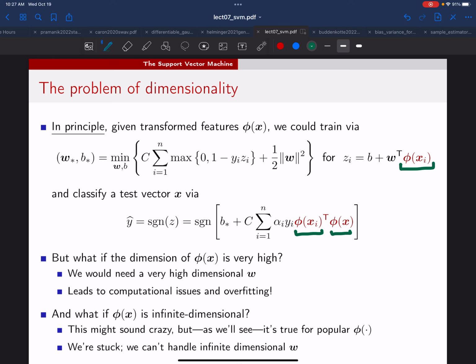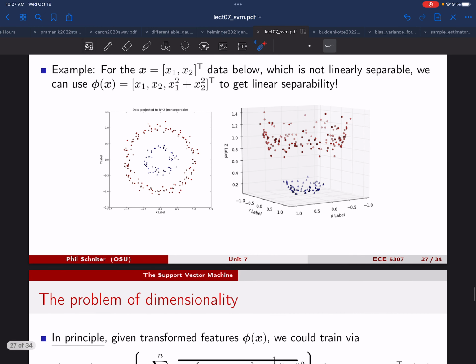The reason why we might not want to do this is that, as I mentioned before, we tend to increase the dimensionality through this feature transformation. This is just a toy example where we increase it by one extra dimension.